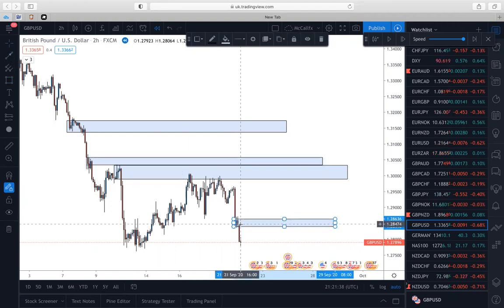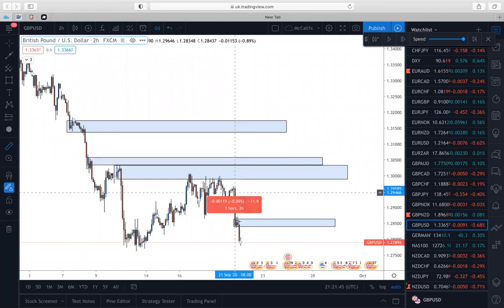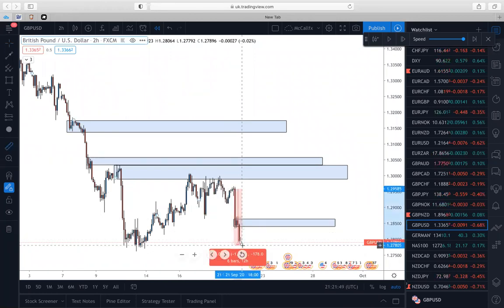But let's look at something. From this side, price moved 50 pips. From this side, price moved 170 pips. Which one would you choose as your supply structure? The one with the bigger move. Exactly, because this side is the place where the banks sold.